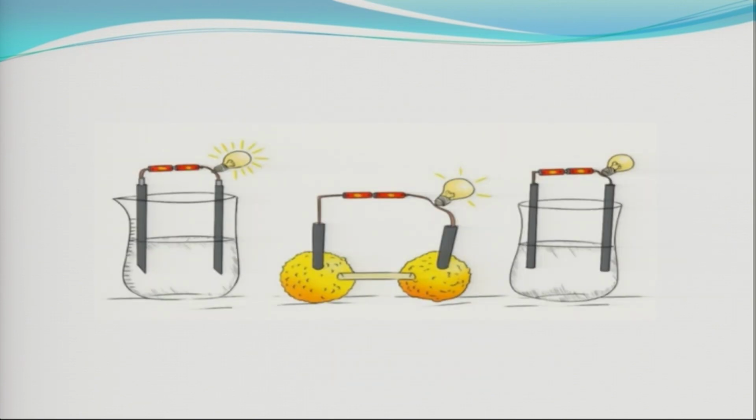We even have more illustrations of how solutions can conduct electricity, and the system will continue operating. We also have the example of fruits, which contain electrolytes that can also conduct electricity.